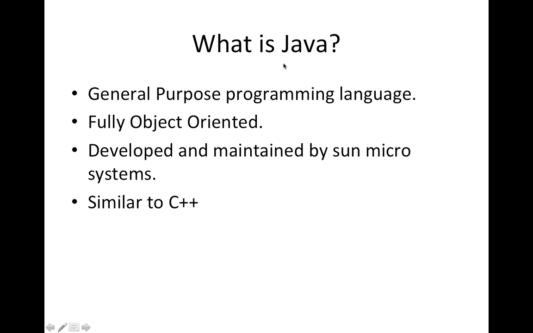What is Java? It's a general purpose programming language and fully object oriented. Traditionally, if you did C programming, which is a structured or procedure oriented programming language, Java is object oriented. C++ and Java are object oriented programming languages. We'll see what object oriented means and all that.